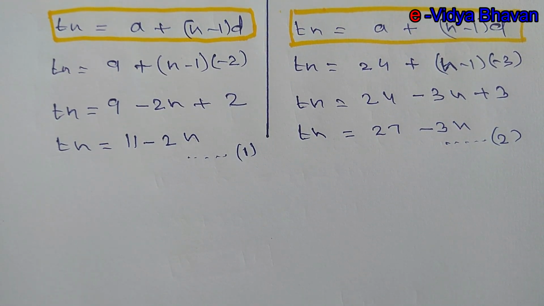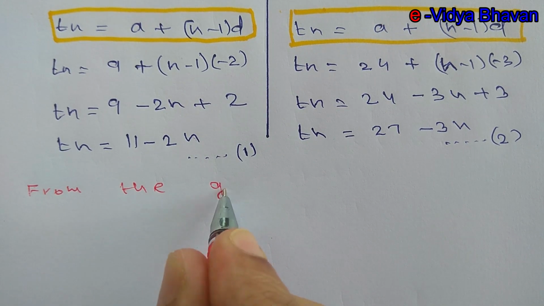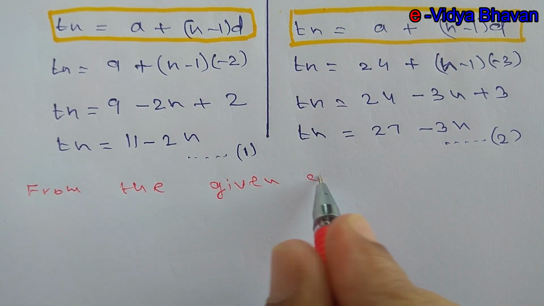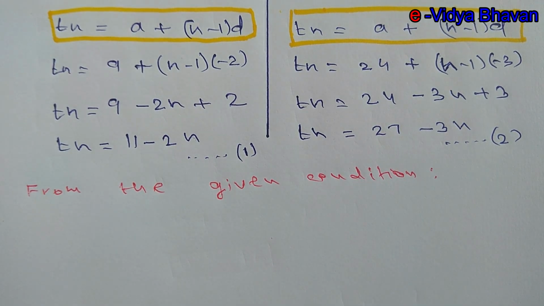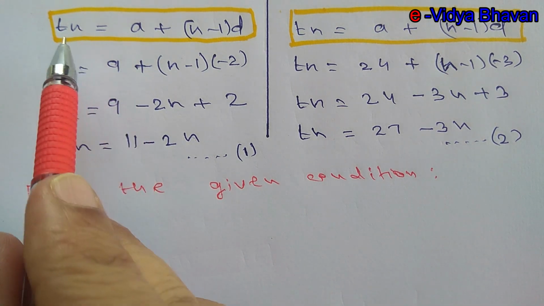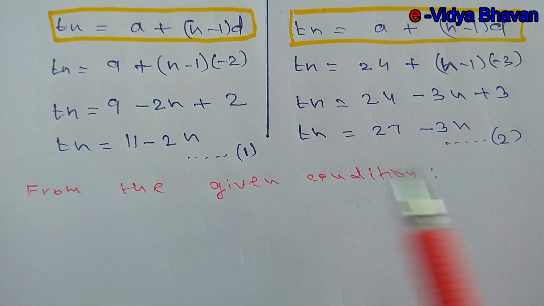Now from the given condition, what does the condition say? The nth terms of both the progressions are equal. This is the nth term on the left hand side and this is the nth term on the right hand side. Both are equal. So this will be equal to this.